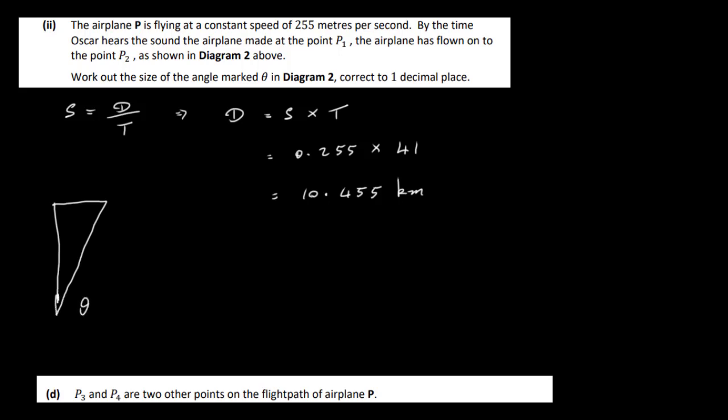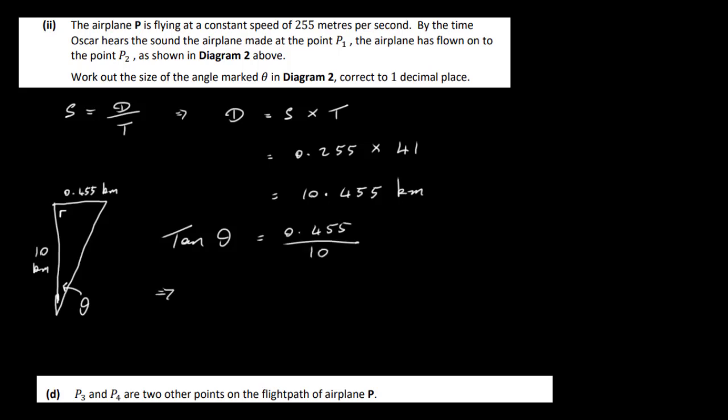I've drawn it a bit bigger than in the diagram. This is our theta here. This is a right angle here, and this is 0.455 kilometers along here. We've got to work out this angle. We know this is 10 kilometers here. So we're going to use tan of theta equals the opposite, 0.455, divided by 10.